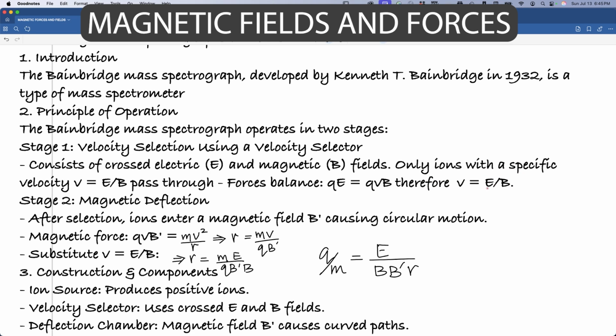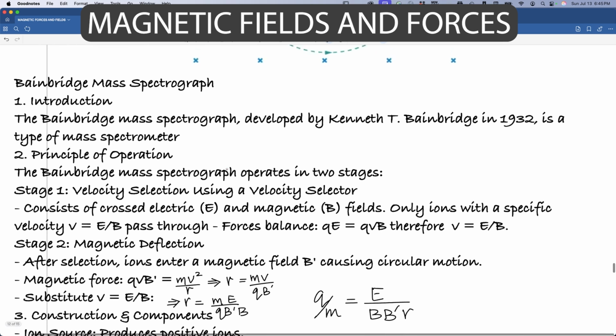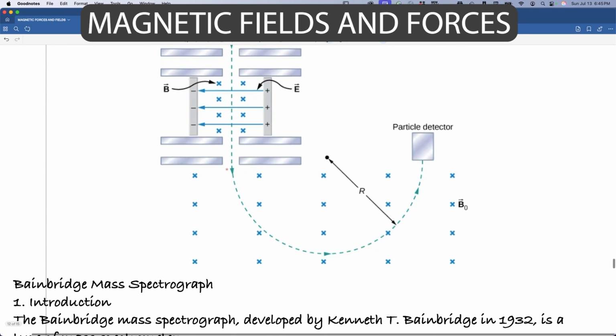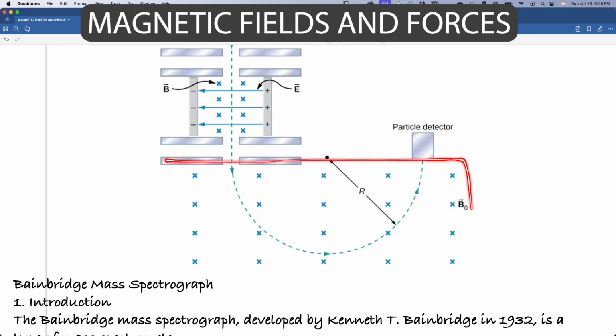So whatever the electric field is, whatever the magnetic field is, their ratio determines the velocity of those particles that will go through. So we are sure that only particles that have a certain velocity enter the second space. And what do we have in the second space? We have another magnetic field also set up perpendicular to the screen and into it.